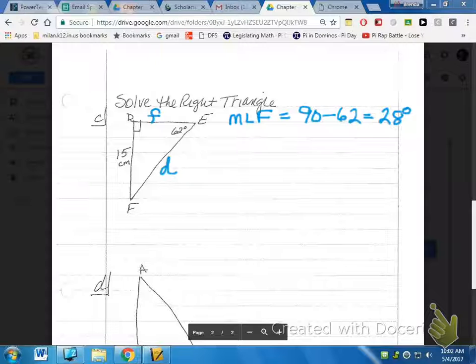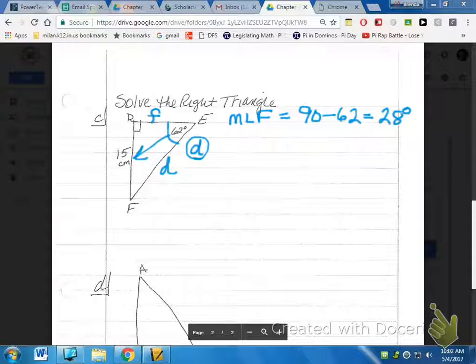How does angle E relate to the 15? Opposite. So we have opposite. So let's go ahead and work with side D, which is hypotenuse, first. So we're going to look for little d first. Now, opposite and hypotenuse would be which trig function?